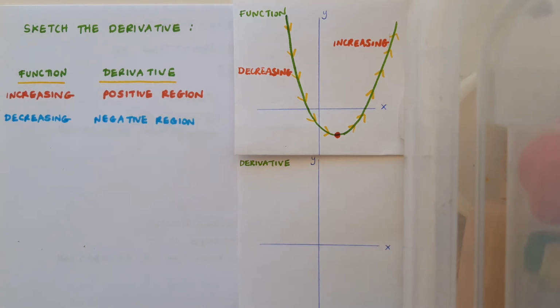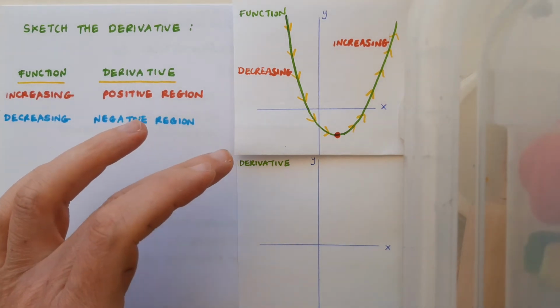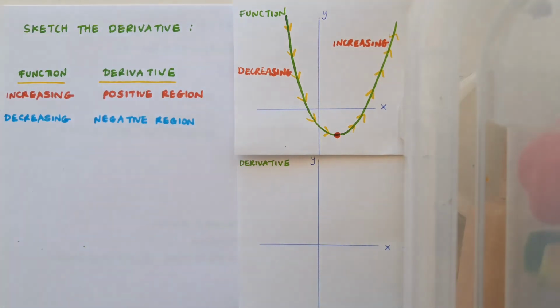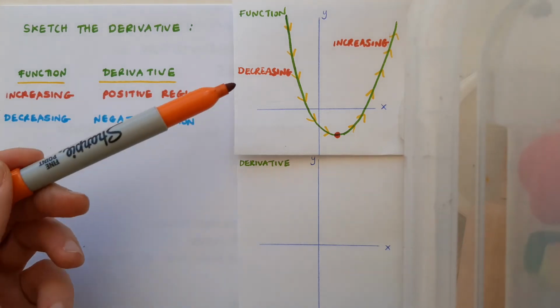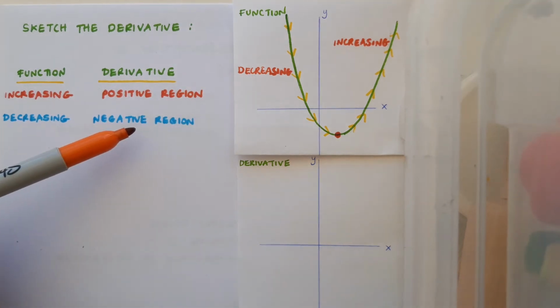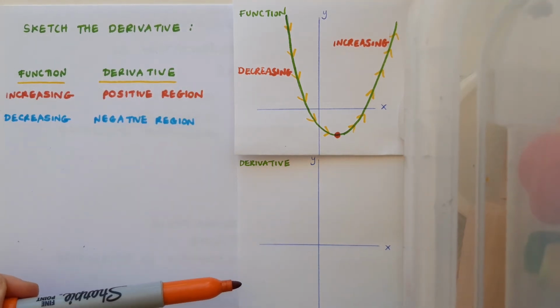So like in the previous examples, I've drawn an xy plane directly in line with the existing one so that I can line my derivative up with my function. That was less important in the last two examples, but it's quite important now, because the first thing that I want to do is make a note of where the transition from decreasing to increasing occurs. Now notice that decreasing would be in the negative region, so below the x-axis.